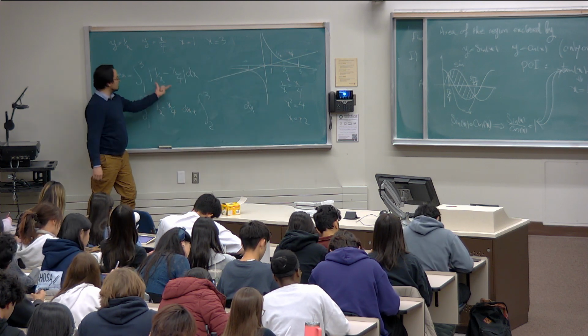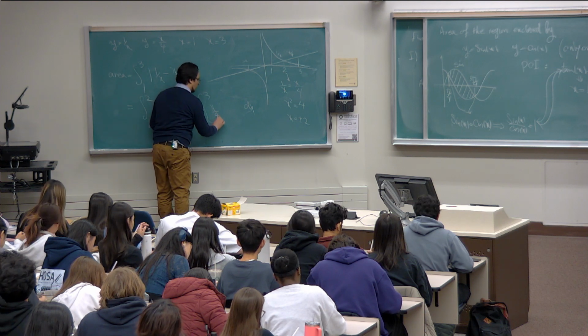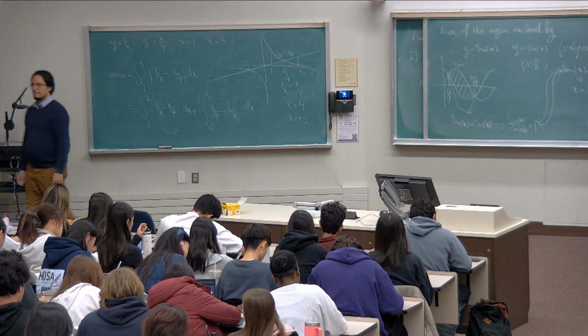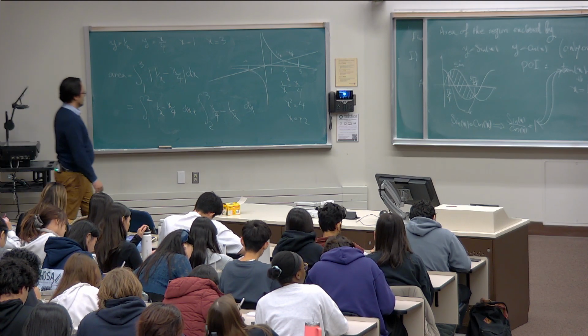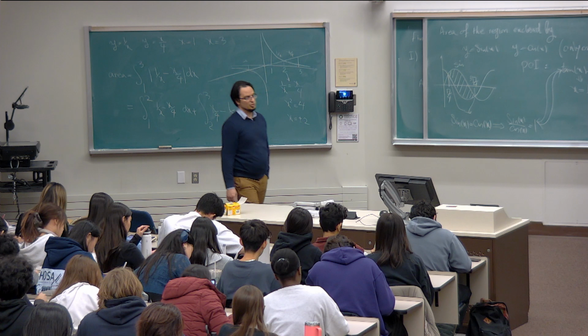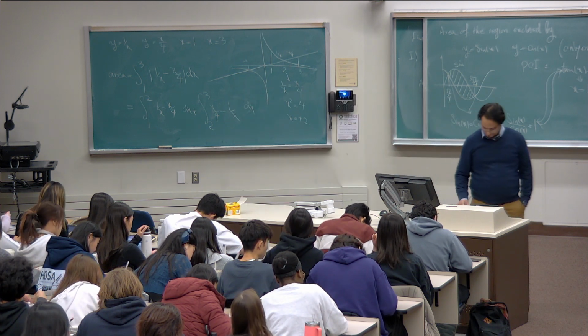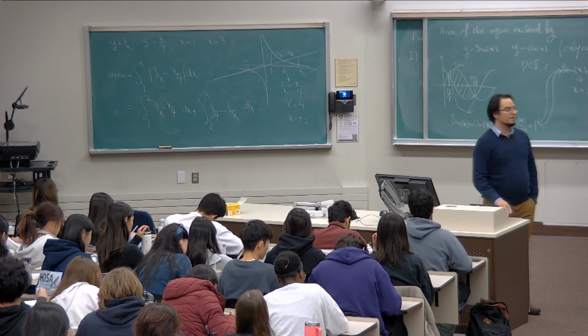So my absolute value integral will turn to x over 4 minus 1 over x. Does that make sense? Yeah?